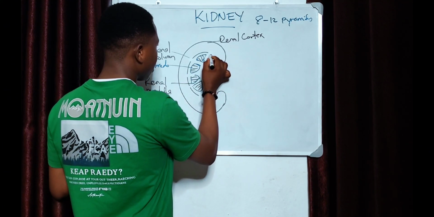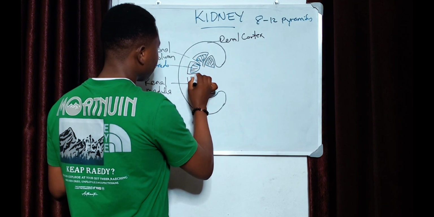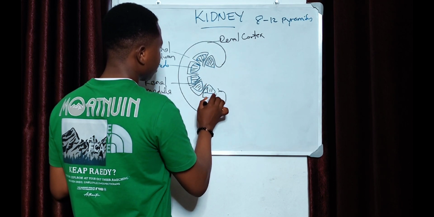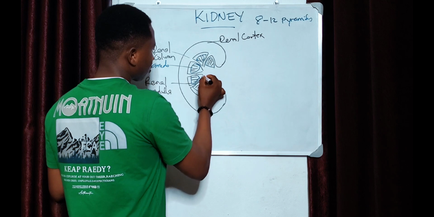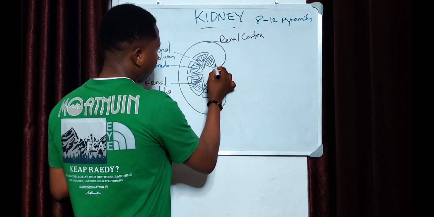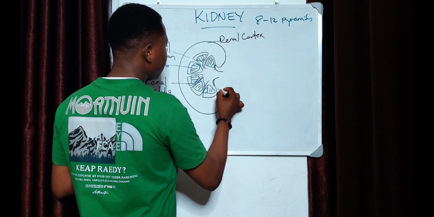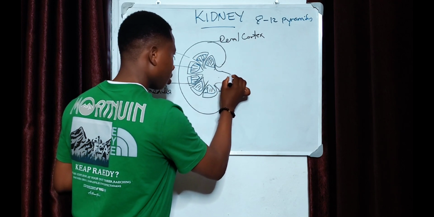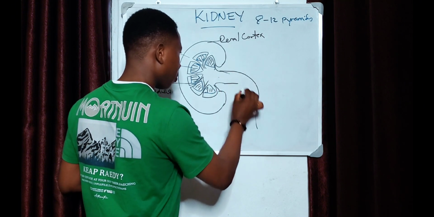So we have this extension here. With the extension, it joins at this point, and it opens up into a bigger tube, which comes down finally.